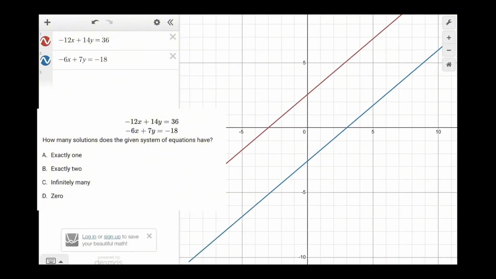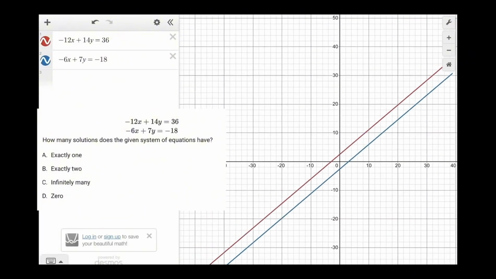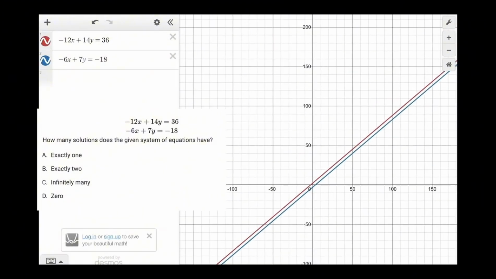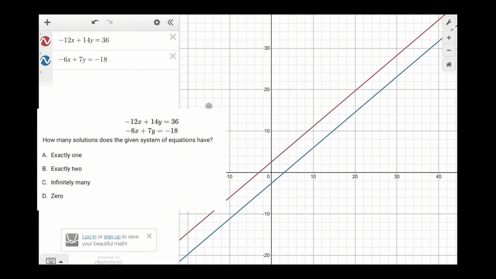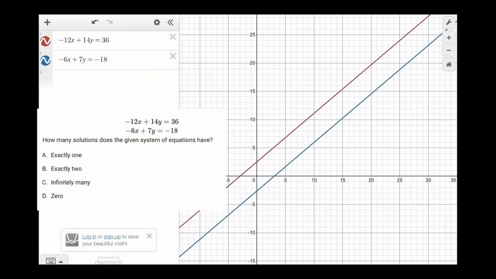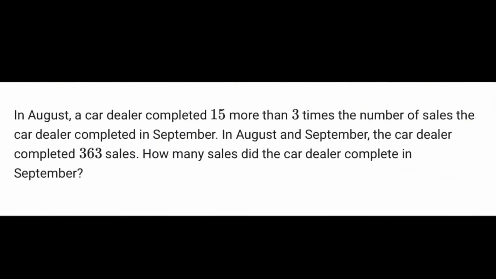So as you can see, the two lines do not intersect each other anywhere. So we can conclude that our answer is gonna be D as 0, because there are no such values for these two equations. Alright, so y'all might think I'm gonna solve this with decimals, but no, I'm gonna solve this by hand even faster.